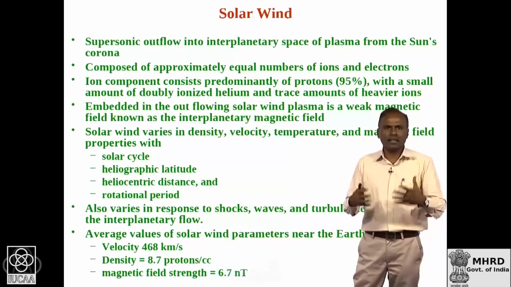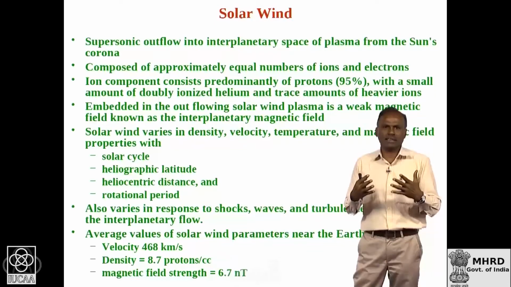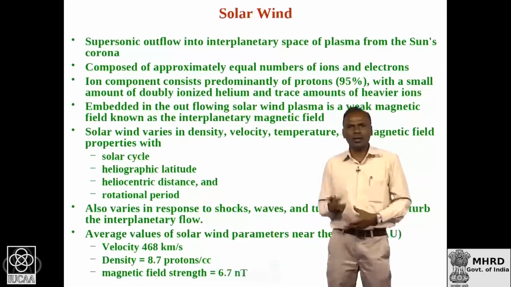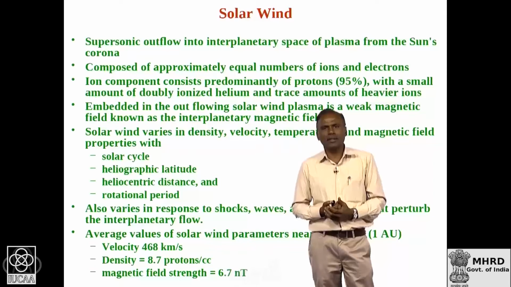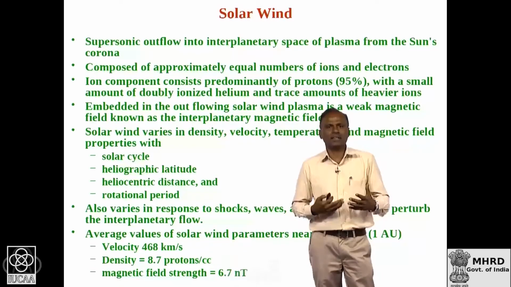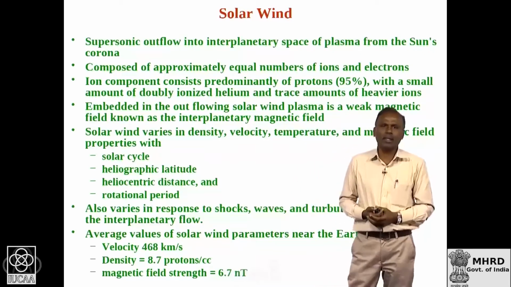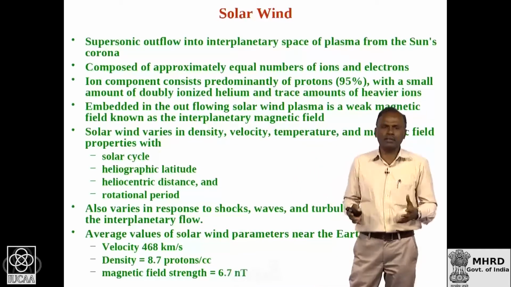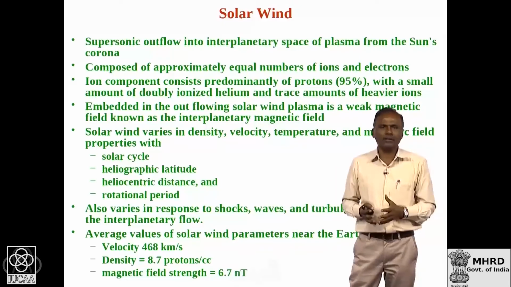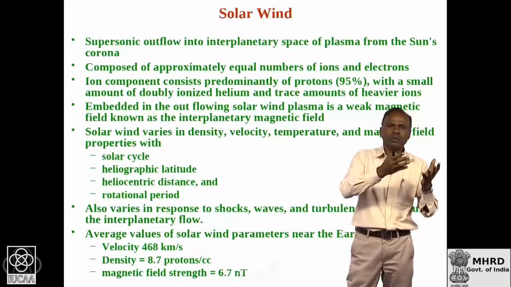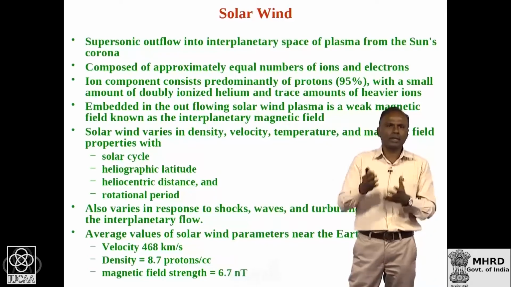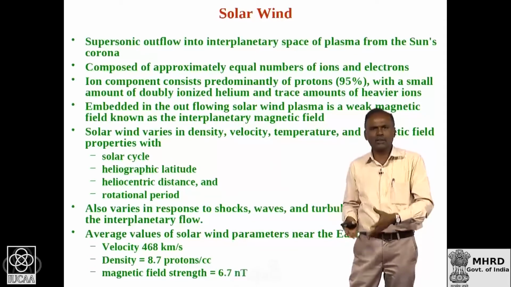Solar wind properties like density, velocity, temperature and magnetic field vary with the approximately 11-year solar cycle, and we see solar wind properties varying with heliographic latitude as you go from the equatorial region of the sun to the polar region in the north pole, or from the equatorial region to the south pole.